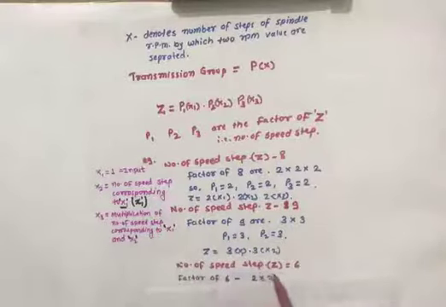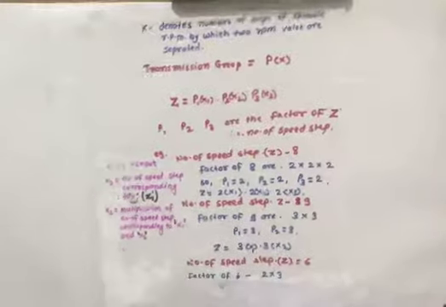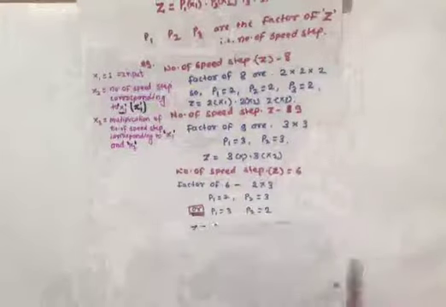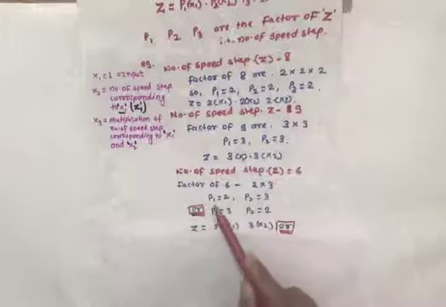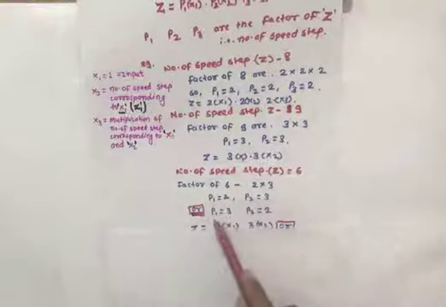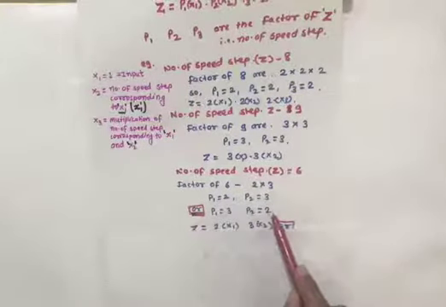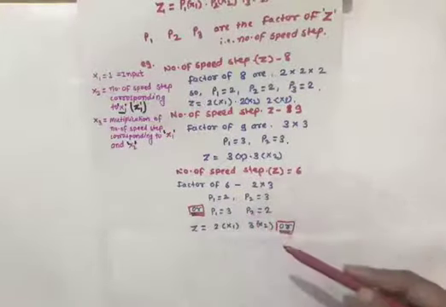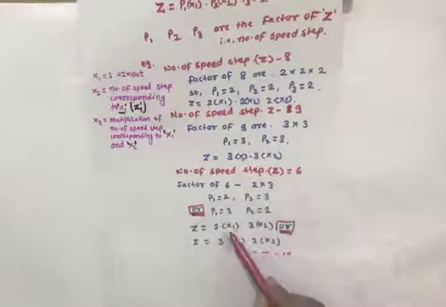If the number of speed steps is 6, the factors of 6 are 2 and 3. So P1 becomes 2 and P2 becomes 3, or P1 becomes 3 and P2 becomes 2. There are two structural formulae formed here, that is 2x1, 3x2 and 3x1, 2x2.